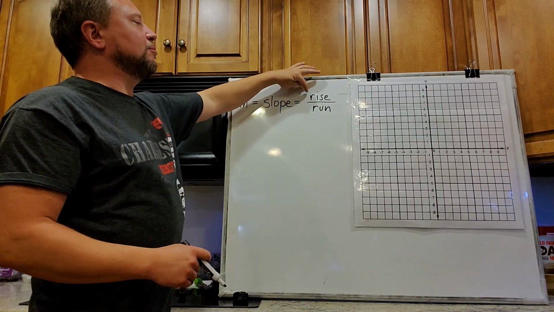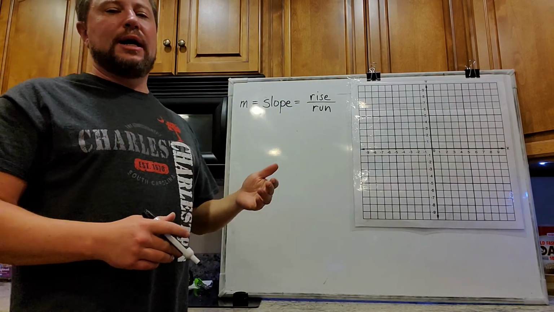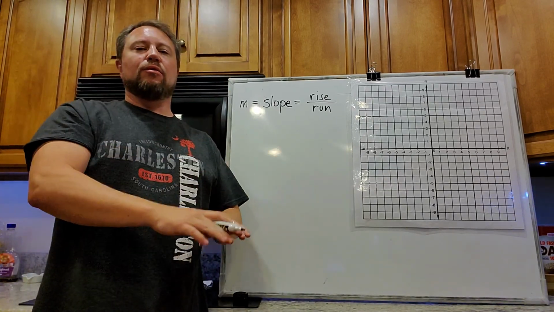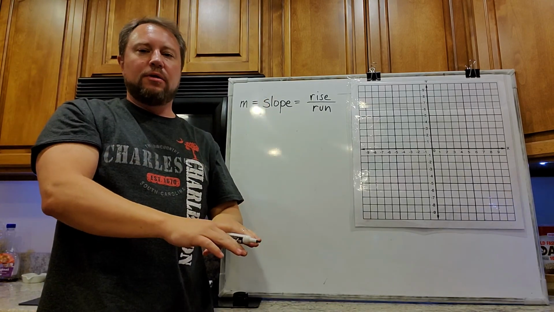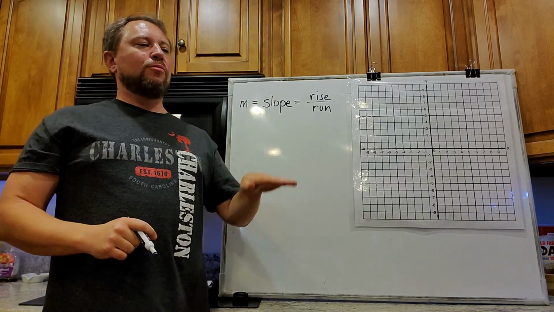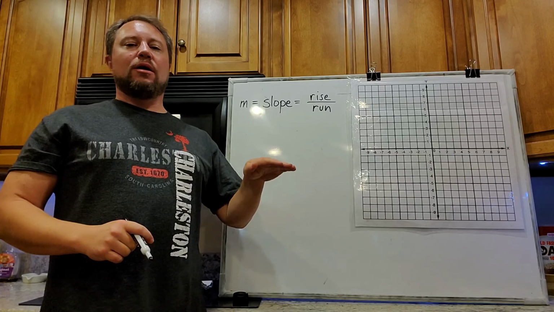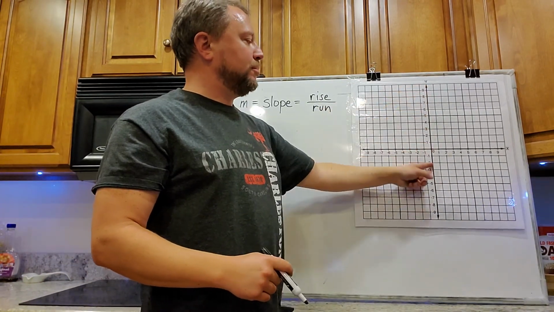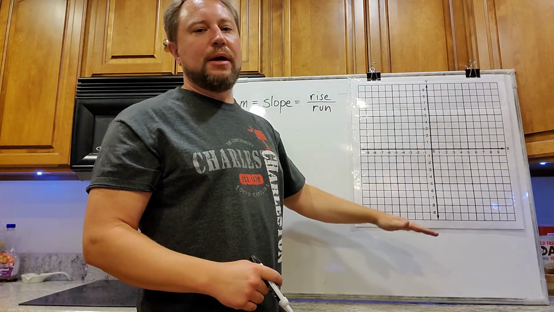When you think about that, rise over run, rise is referring to a movement up or down, right? Rise up or fall down. Movements up and down are determined on an XY coordinate plane by our Y values. Y values run up and down.